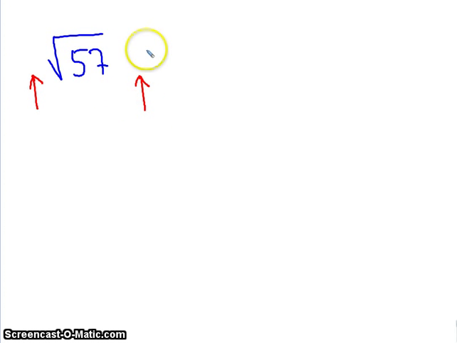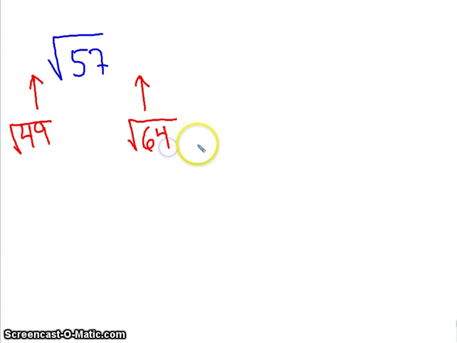Let's look at another one. The square root of 57. So what I need to do is find the perfect square that's below 57 and the perfect square that's above. Okay? So we should have 49, that's less than 57. And we should have the square root of 64, which is above. Well, the square root of 49 is 7, and the square root of 64 is 8.